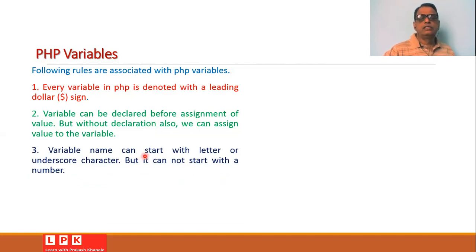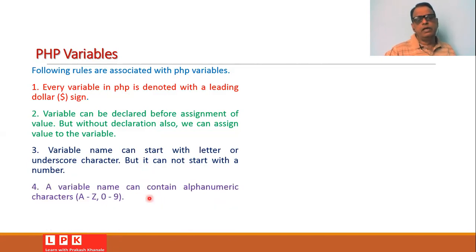A variable name can start with a letter or an underscore character, but it cannot start with a number. So it is not necessary that every time the variable name should start with a letter. You can make use of an underscore also, but you cannot use a number as the first character.